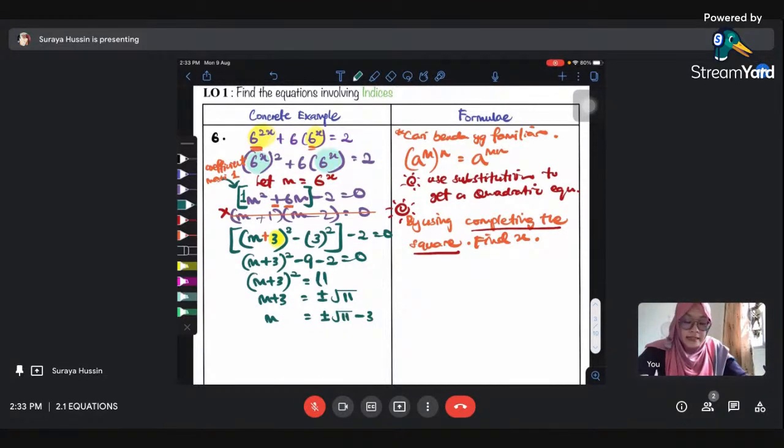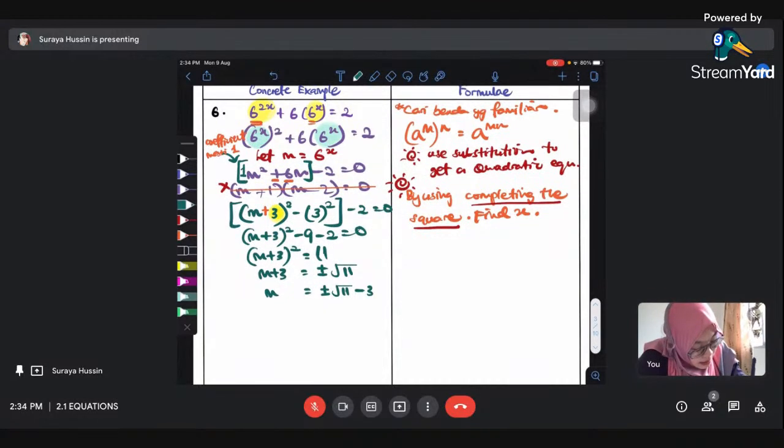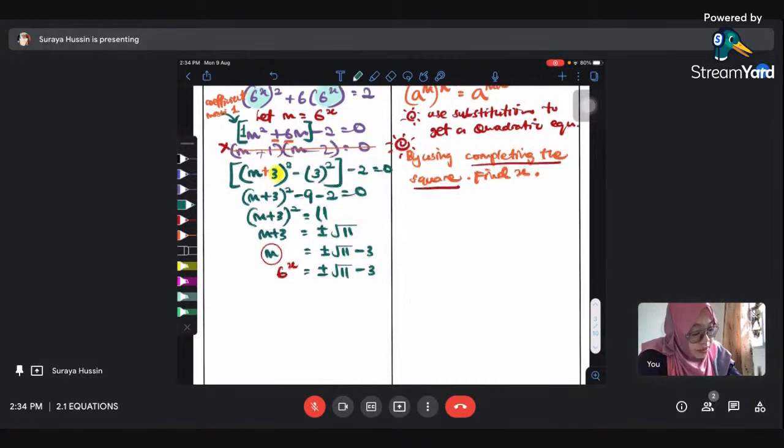So m dekat sini saya ada 2 bentuk jawapan. Okay, ataupun terus sahaja tukarkan m ini kepada 6^x. 6 to the power of x is equals to plus minus square root of 11 minus 3. Now we should compare it.